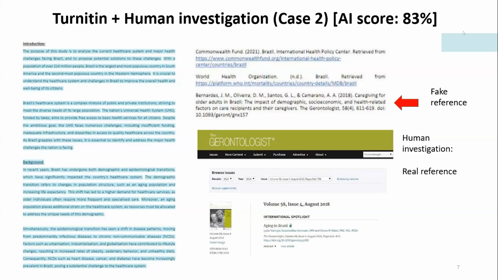I also found cases where students signed the declaration form, but the work submitted had a high AI score of 69%. So he claimed that he did not use ChatGPT, but the engine tells you that he actually used it.